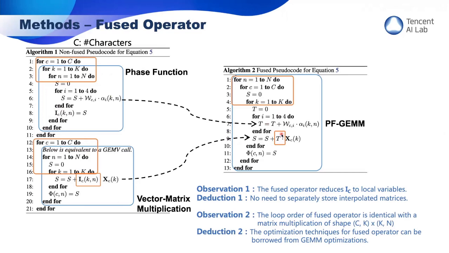And the second observation is that the loop order of the fused operator, look here, is identical to the matrix multiplication of shape C by K and K by N, where C is the checked number and K is the feature vector length.